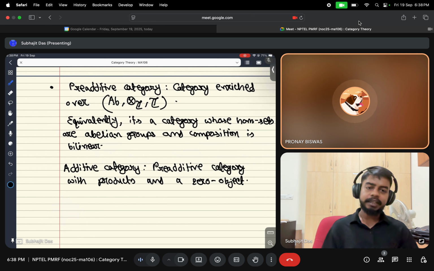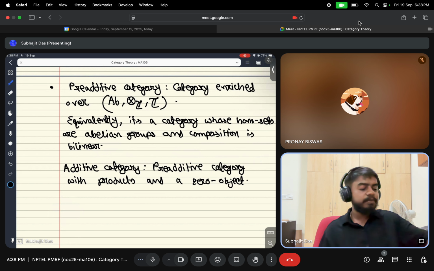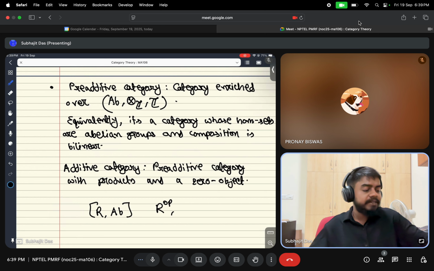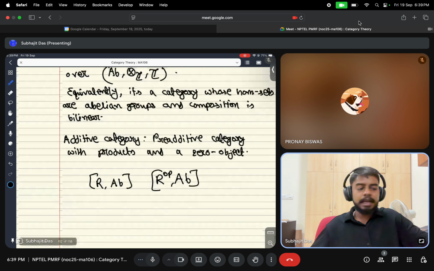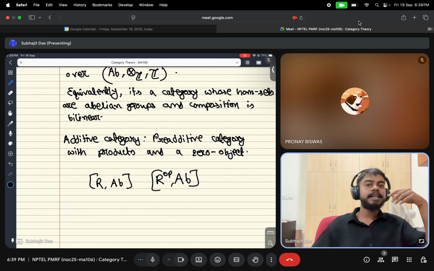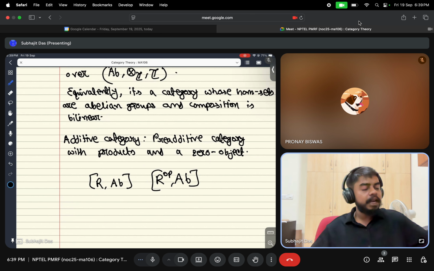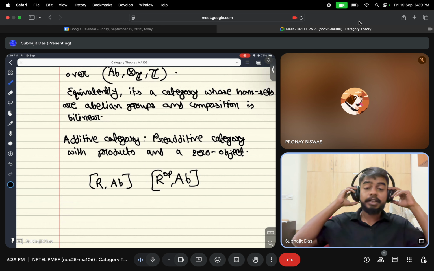So similarly, left modules form this functor category from R to Ab, and right modules are this functor category from R^op to Ab. So one can just use this idea to define modules over rings with several objects, right? Just take a preadditive category R, then look at all additive functors from R to Ab, or look at additive functors from R^op to Ab.